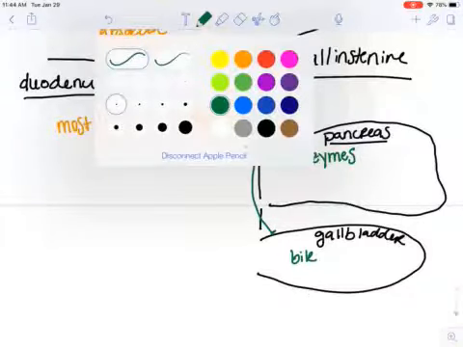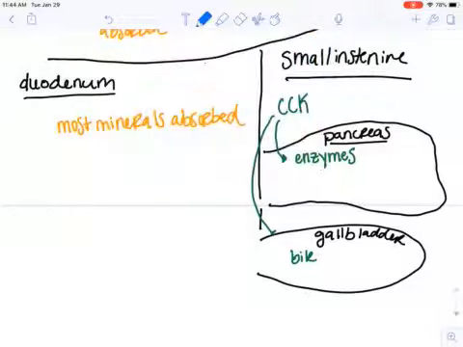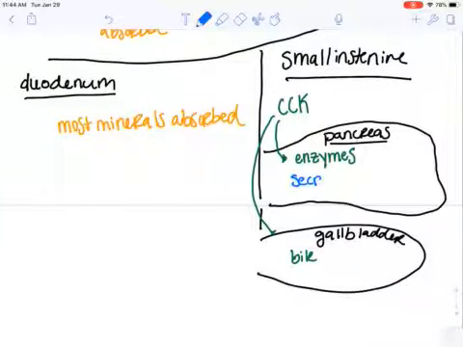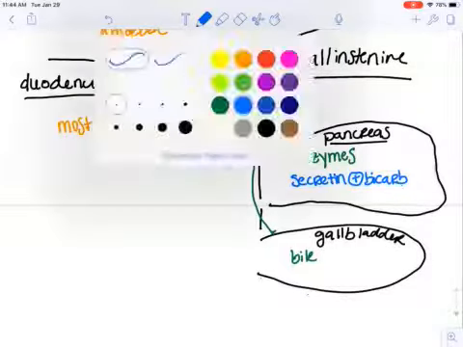We have another hormone that occurs, so I'm just going to change the color to maybe blue here, that is going to stimulate the pancreas. So secretin is another hormone that is going to release bicarb or bicarbonate from the pancreas to neutralize that chyme.